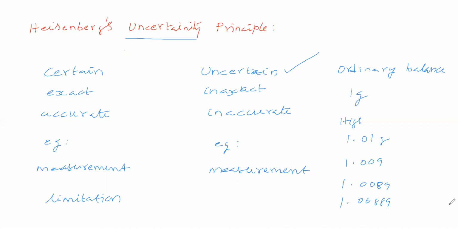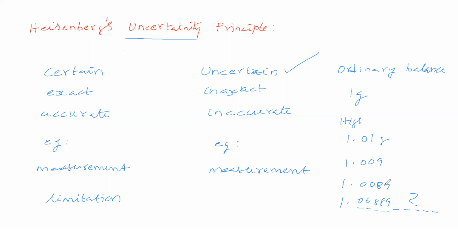Like this it will go on continuously. Now you say, where will this end? Some balances measure in terms of grams, some in terms of 0.01 grams, some in terms of 0.001 gram.